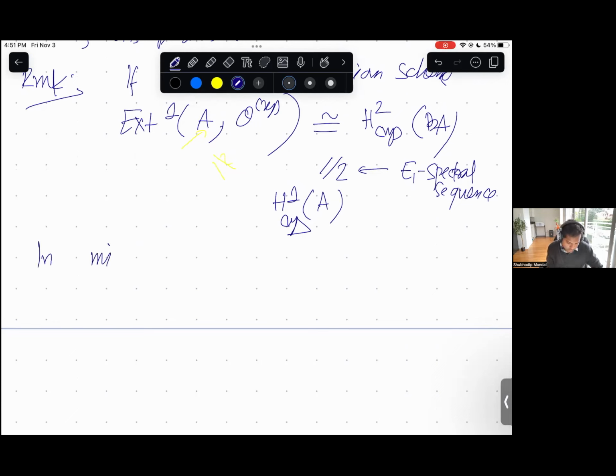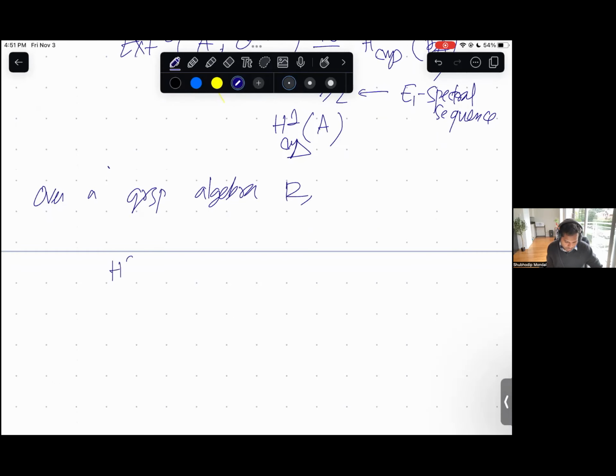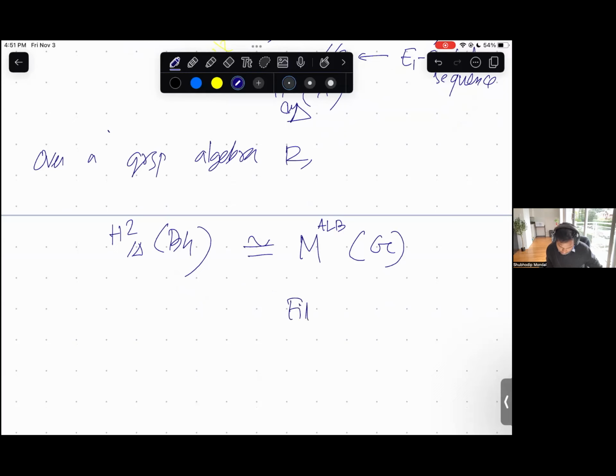So in mixed characteristic, let me just say over a QRSP base, for a QRSP algebra R, one similarly takes the prismatic cohomology of BG, and this is isomorphic to the one that Anschütz and Le Bras define for G, and the filtered one is obtained by taking the first piece.